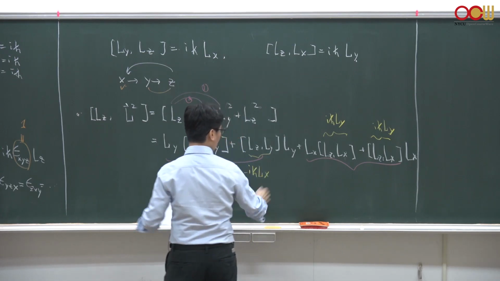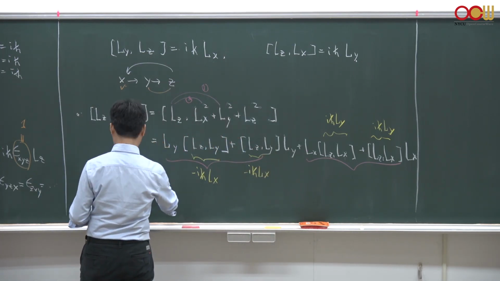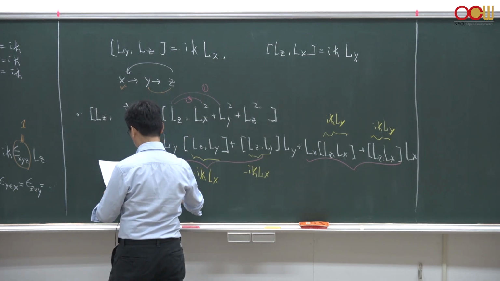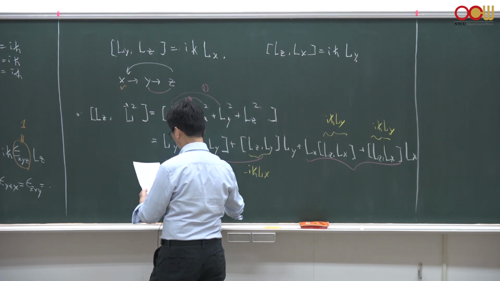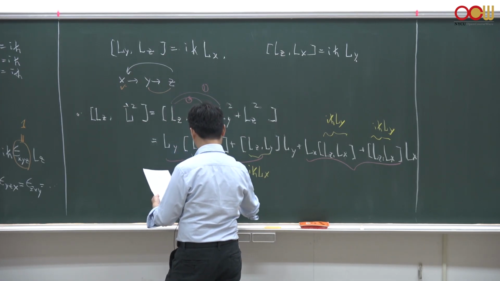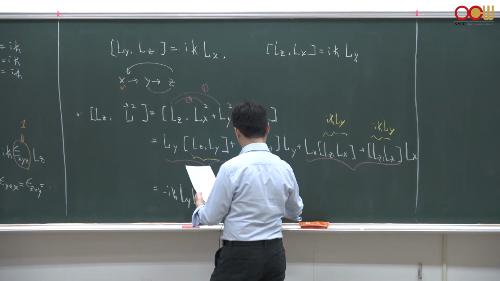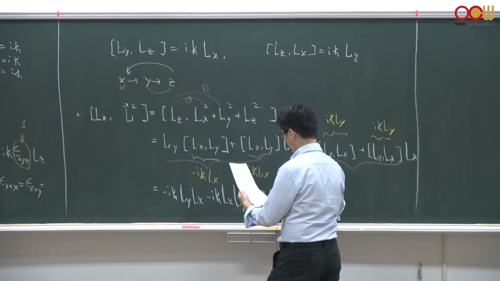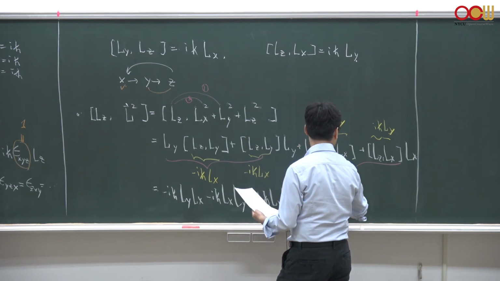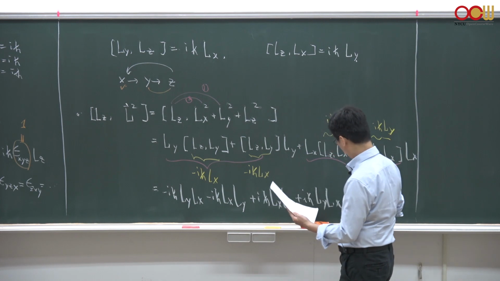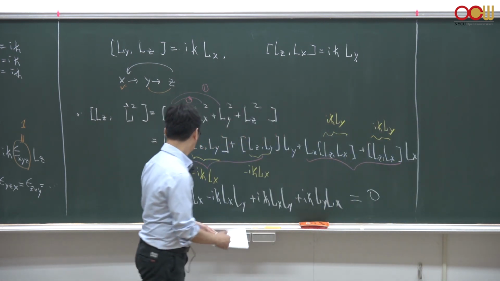Okay, so let's just combine everything. So you get minus i h bar Ly Lx minus i h bar Lx Ly plus i h bar Lx Ly plus i h bar Ly Lx, which cancel exactly.